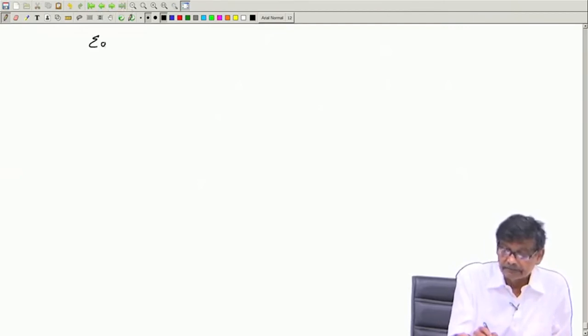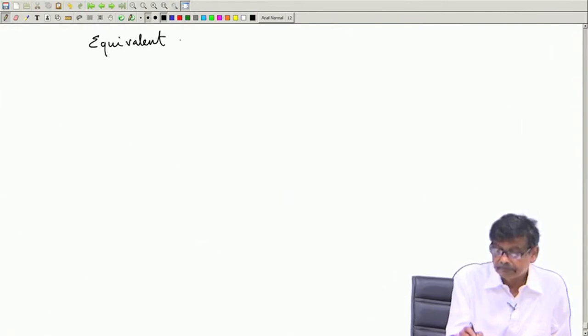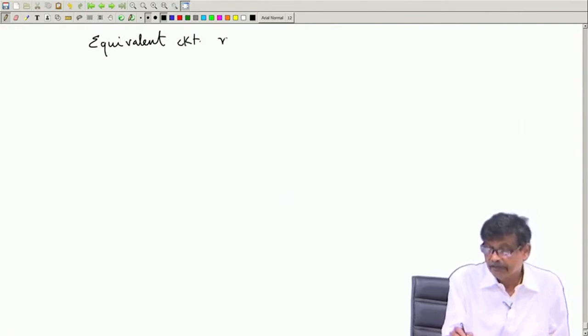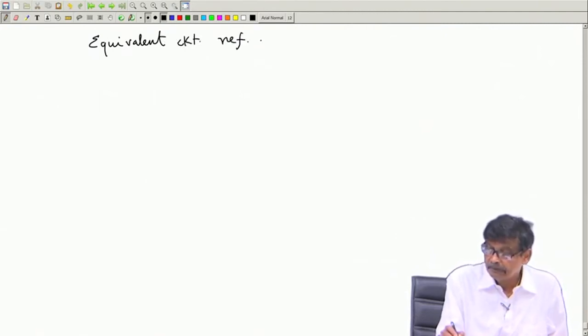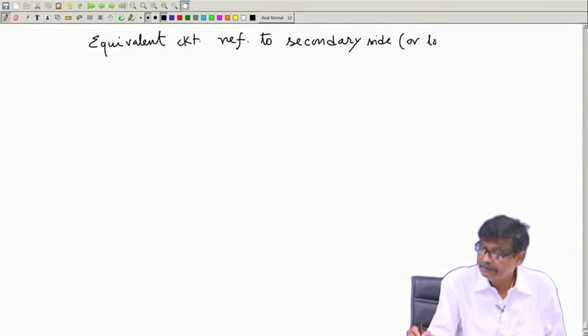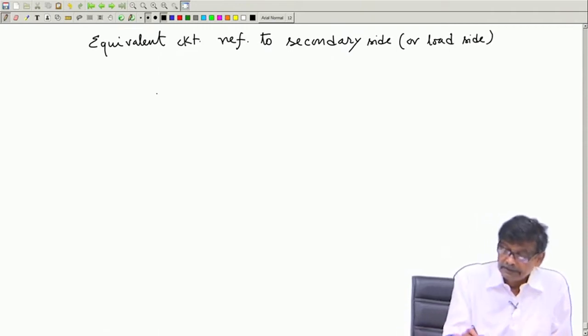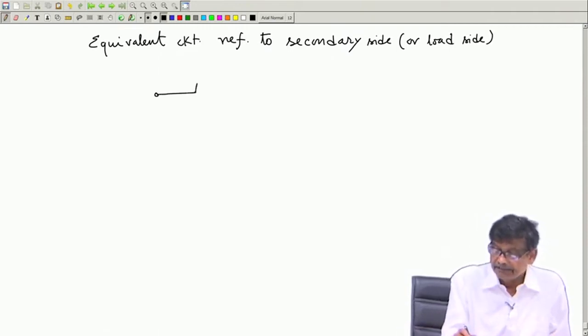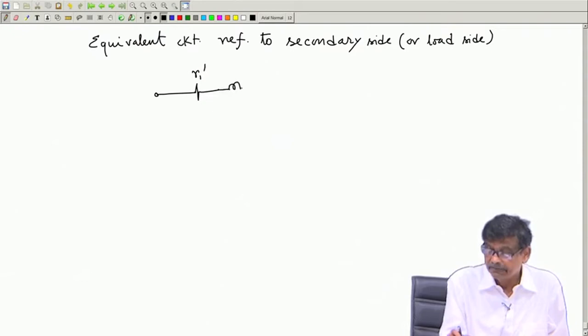Equivalent circuit, referred to secondary side or load side. It will remain the same, except that this one will become R1 dashed, and this one will become X1 dashed.